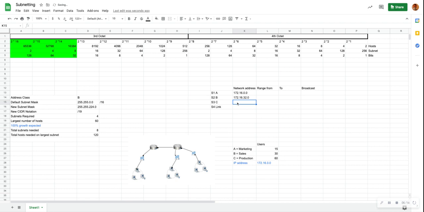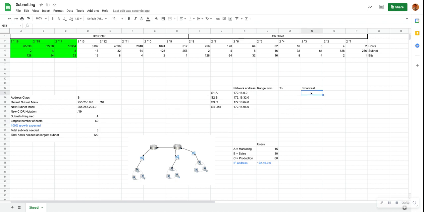The third one for production is .64. And the link is going to be .96. I missed a 0 off that one. Okay, so there are our 4 network addresses. We have made room for 8 because we're expecting growth, but I won't put that on here. It follows on from 96, so we'll get 128, then 160, then 192, and so on.